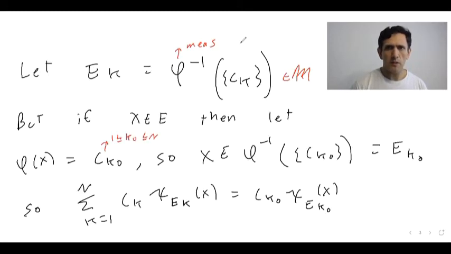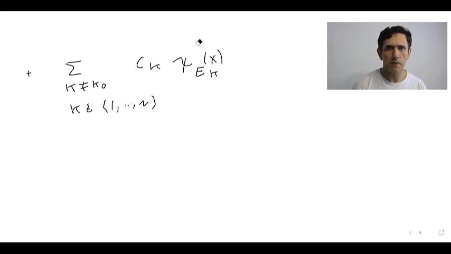Okay, well, what's this going to be equal to? x is in E_{k_0}, so this here is going to be equal to 1. So this whole thing here, obviously, is just c_{k_0}.